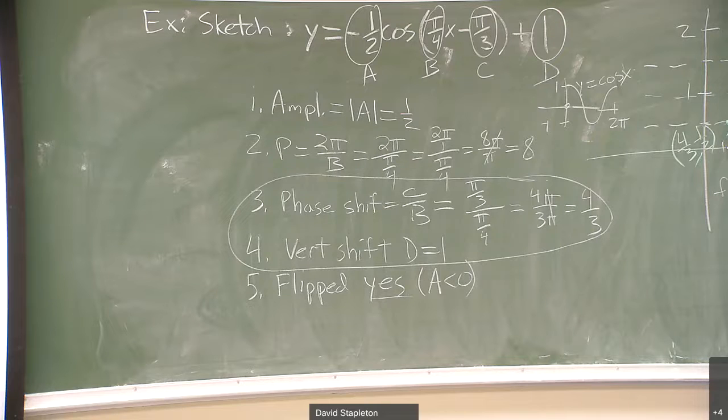Right? And what you do for a cosine is you start at the bottom or top, depending on whether it's flipped or not flipped. Go up to the top and back down to the bottom, completing one wave, just touching the top guideline and the bottom guideline.